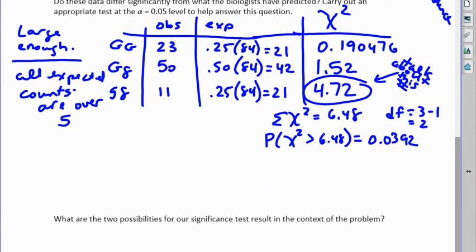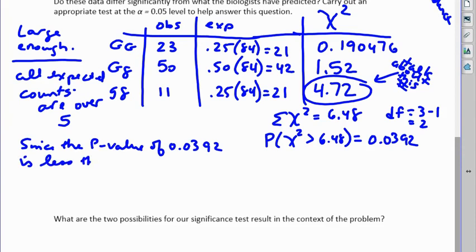And then we go, since the p-value of 0.0392 is less than alpha equal 0.05. Did we do 0.05? Yes, thank God.